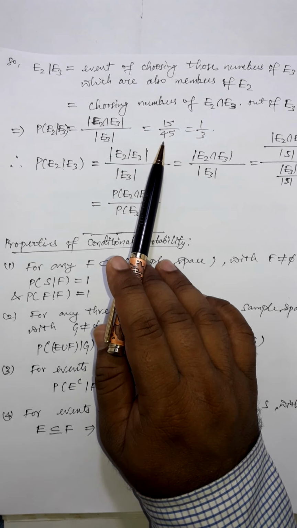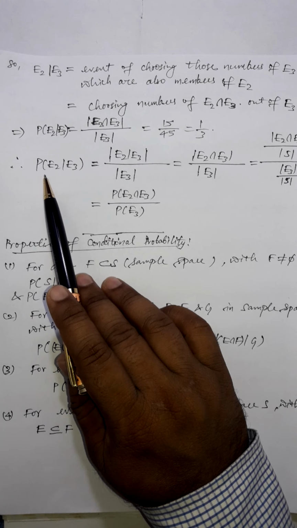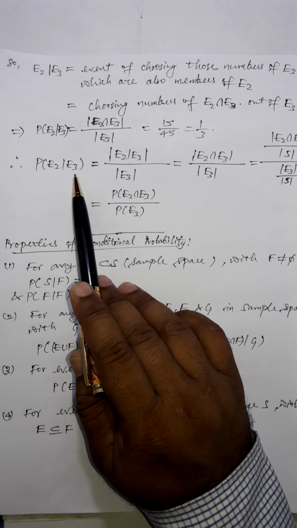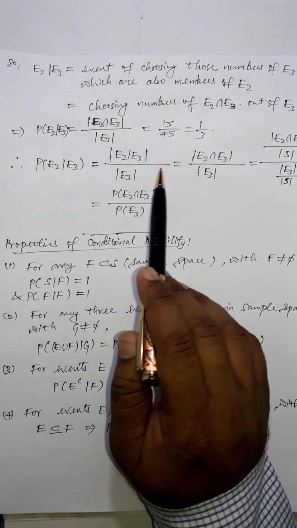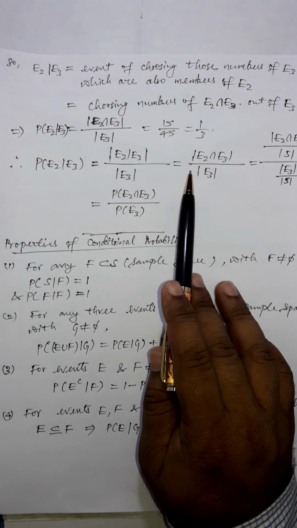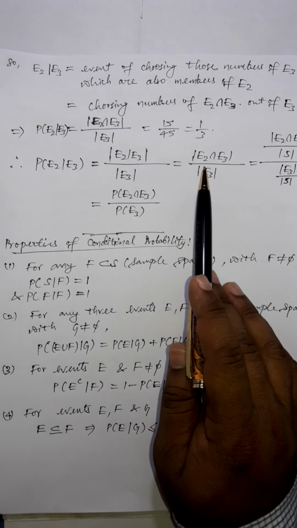So in this way we can see that the probability of E2 upon E3 is equal to the size of E2 intersection E3 divided by the size of E3.